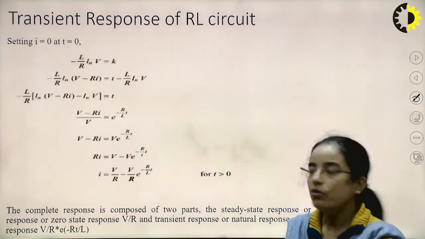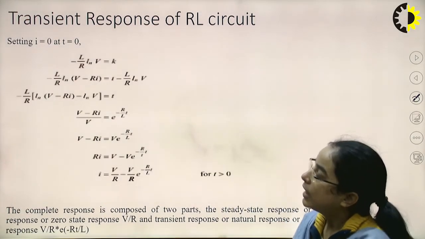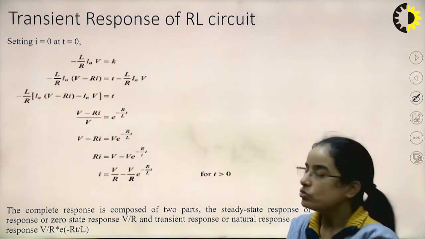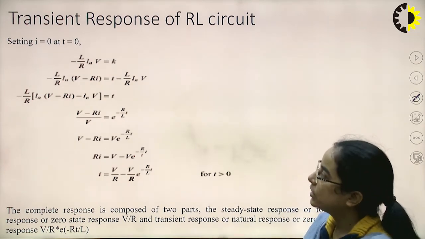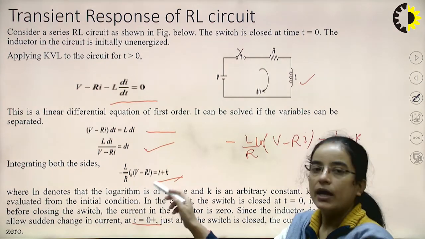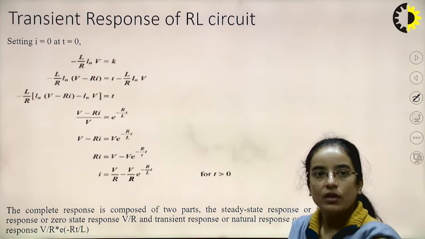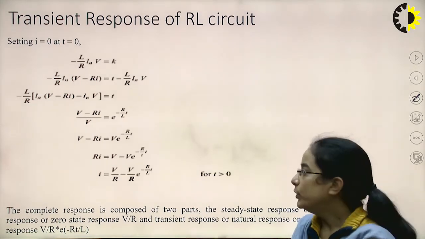So now at t equal to 0, i is 0. Now we can simply write this equation: minus L by R ln of V minus Ri, which can be written as minus L by R ln V because i is 0, equal to k.